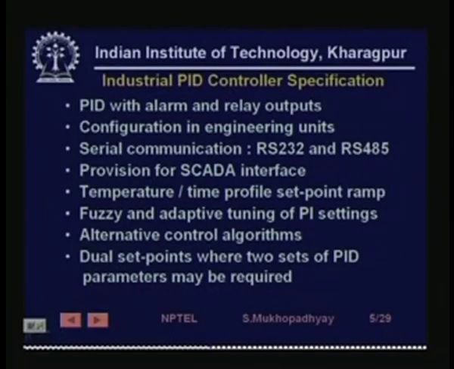Then sometimes you may require two different sets of PID parameters, so you need to give dual set points. On the same process you could use two different PID parameters, maybe depending on two different modes. For example, suppose there are heat-cool PID controllers. Sometimes the same device has to heat and cool, let us take a heating, ventilation, air conditioning, HVAC application.